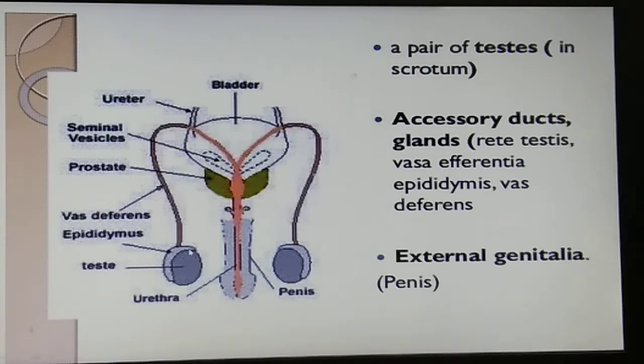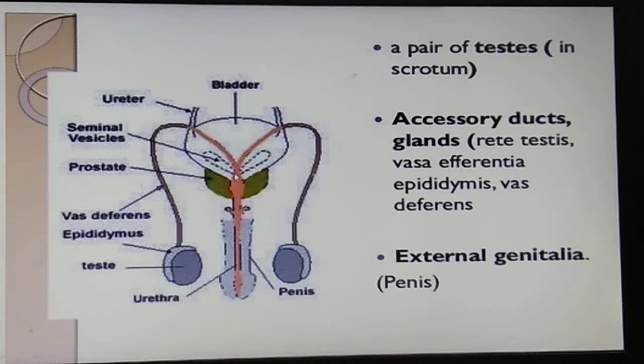Above the testis, in the posterior side, you can see the epididymis, where the sperms are temporarily stored, fine. Then it gives rise to vasa efferentia. Finally, it gives a tube-like structure. Look here, it's a brown-colored tube-like structure emerging from the testis, the vas deferens. Then it loops over the bladder.